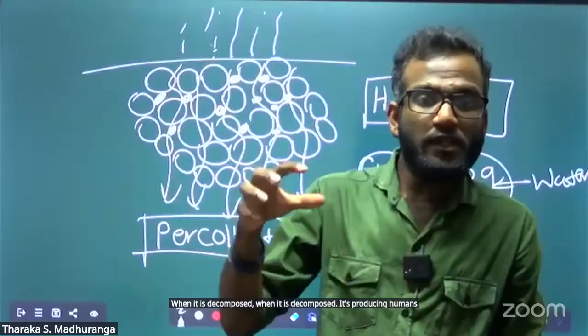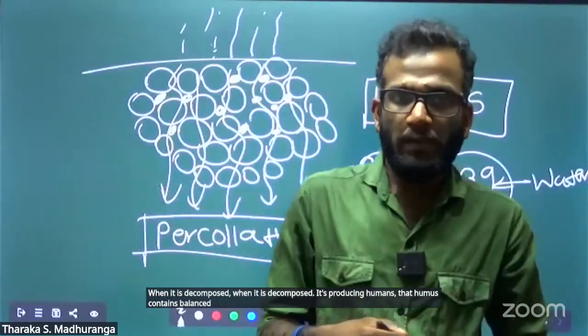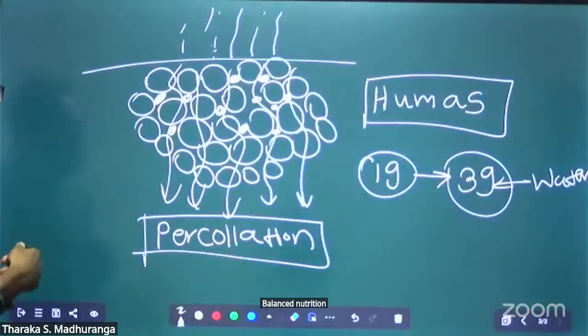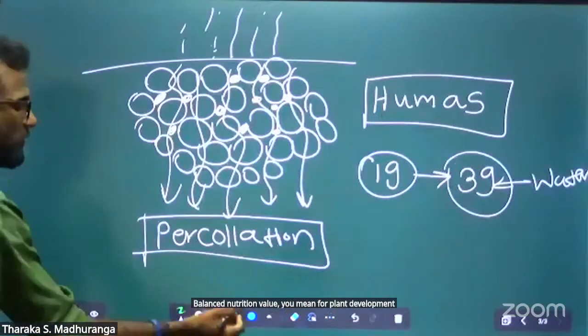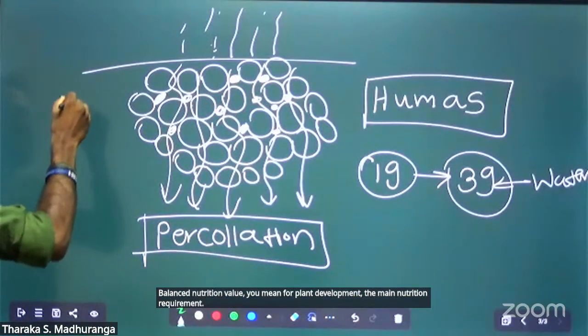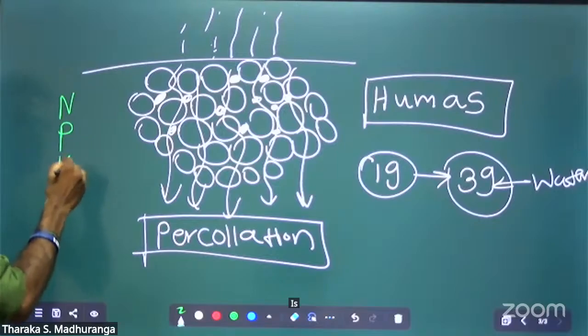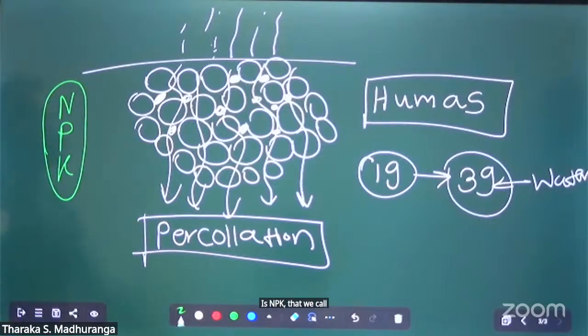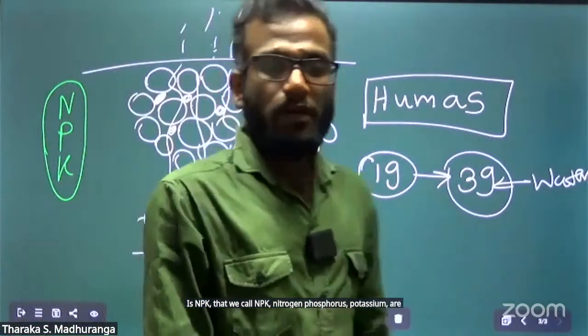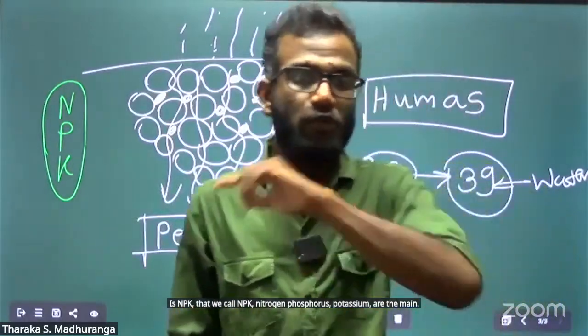That humus contains balanced nutrition value. For plant development, the main nutrition requirement is NPK: nitrogen, phosphorus, potassium are the main nutrients required for plant growth.